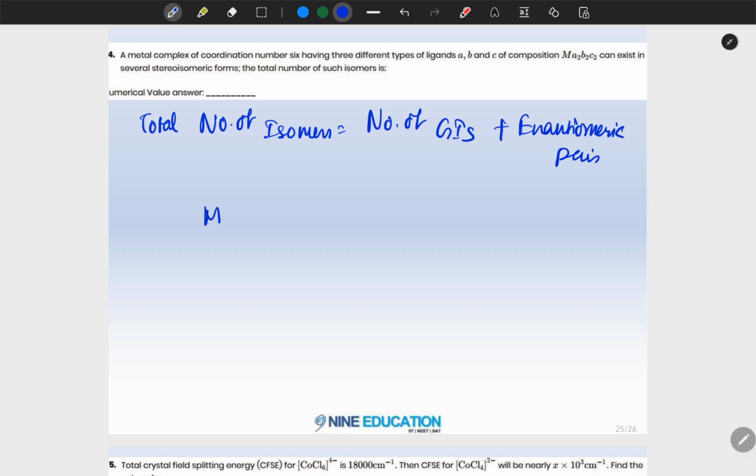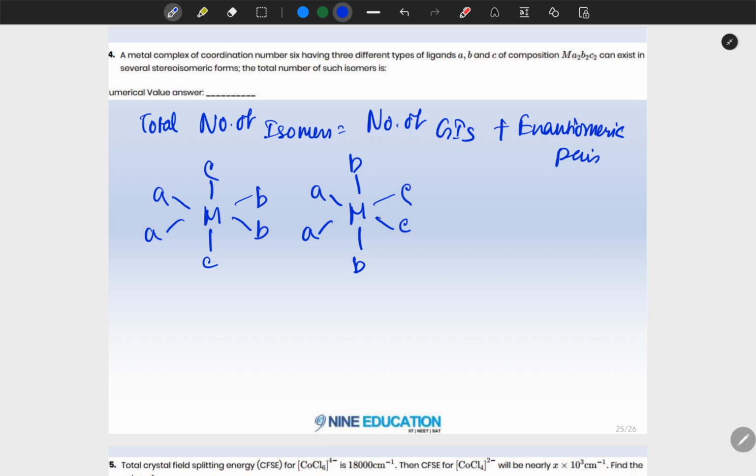Now this is one possibility. AA are cis to each other, BB are also cis to each other, CC are trans to each other. Another possibility, AA cis to each other, CC cis to each other, BB are trans to each other. So 2 cis, 1 trans. So this one is CC cis, BB cis, AA trans.